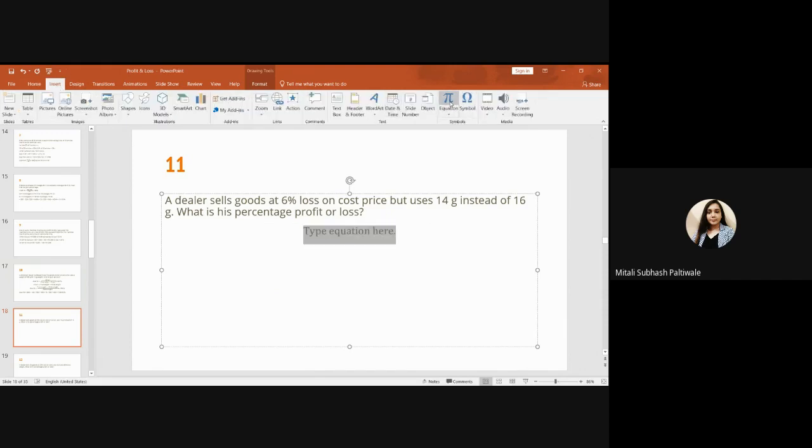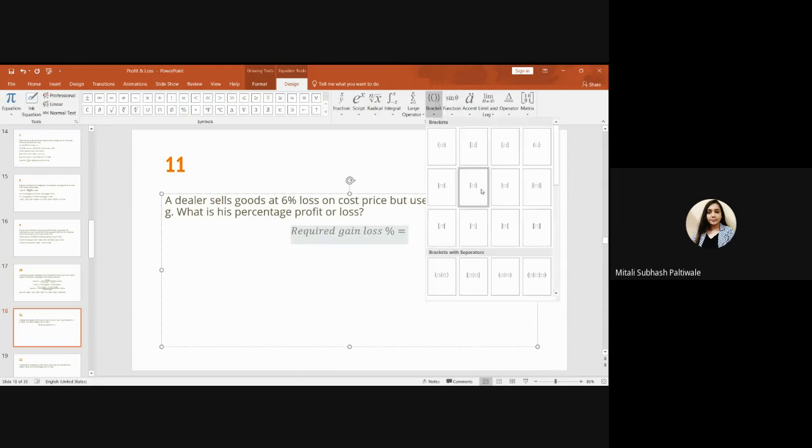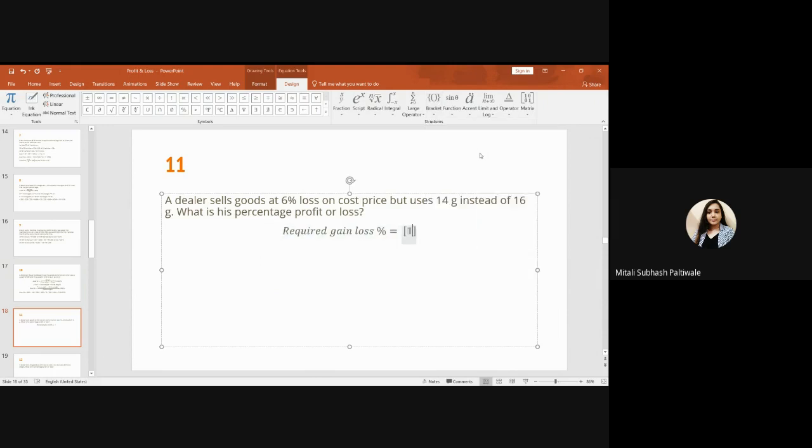There is a direct formula for this thing, which is required gain or loss percent is equal to 100 minus A, C by B, minus 100%.